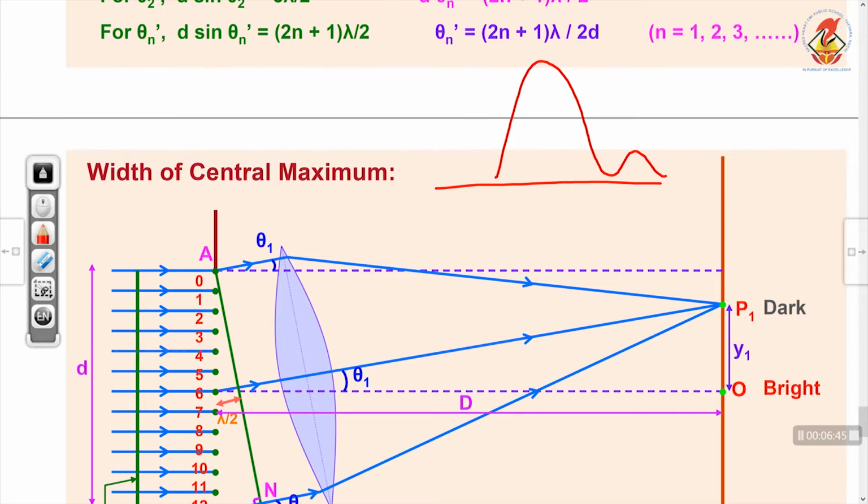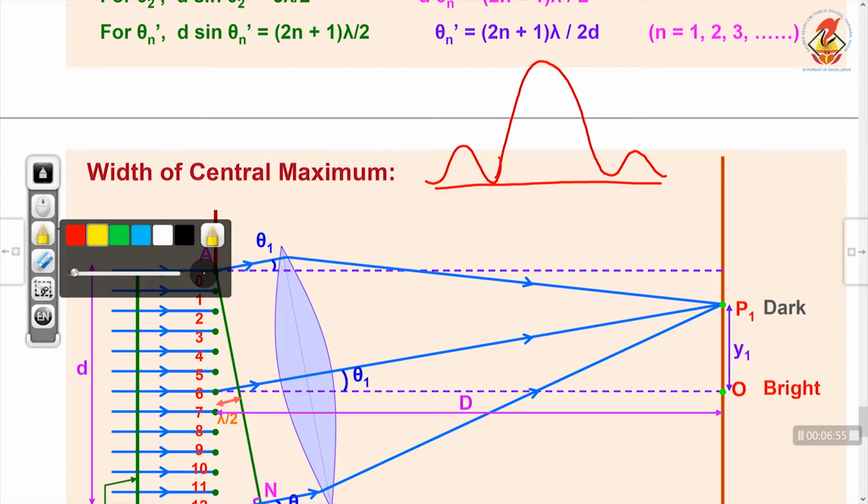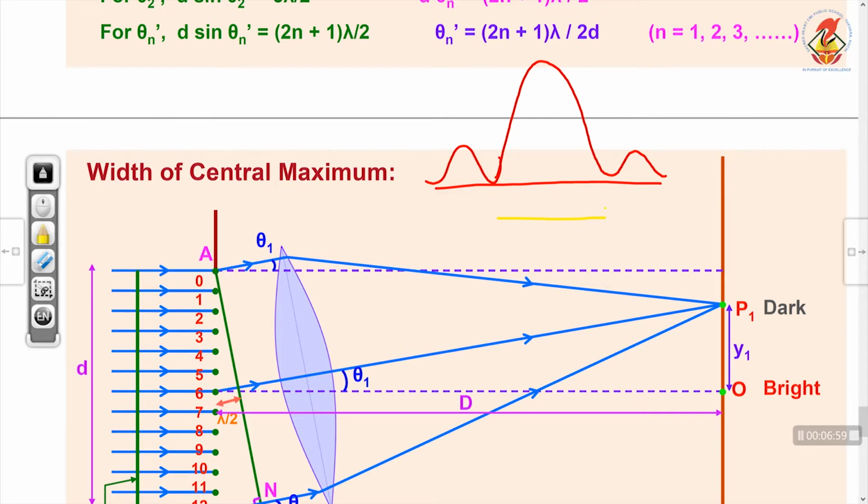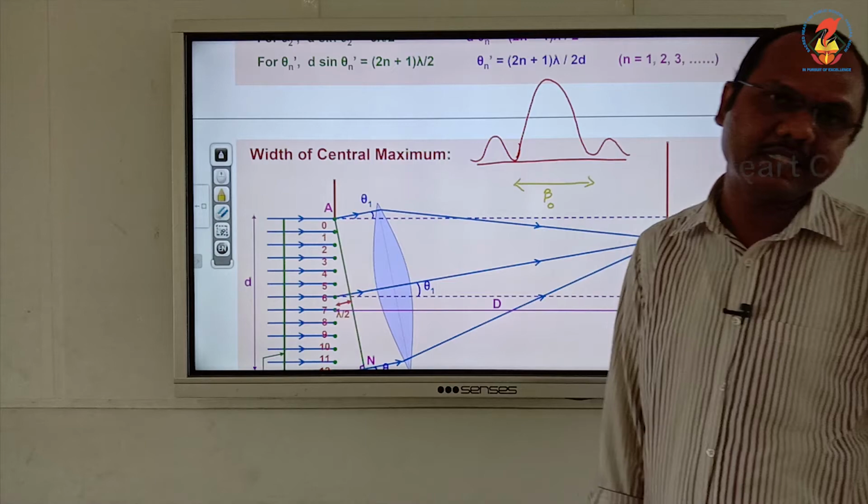This is the next bright fringe. So this will be the fringe pattern. I want the width of the central maxima. That means this is the width of the central maxima. I write it as beta 0, width of the central maxima.